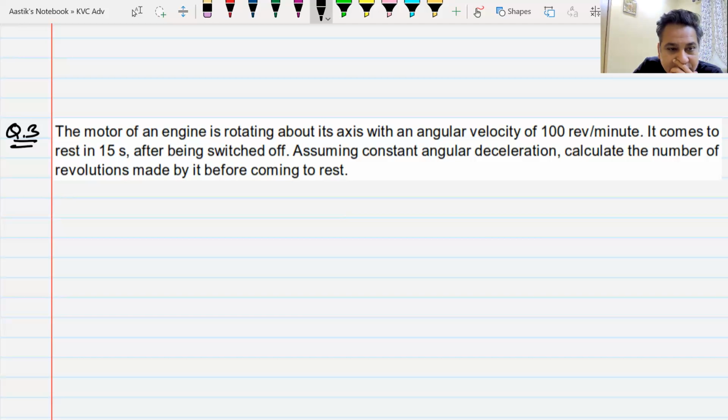Simple question. You should have given the answer. The answer is 12.5 revolutions. The angular displacement is 25 pi radians. Did you get 25 pi? Yes or no?